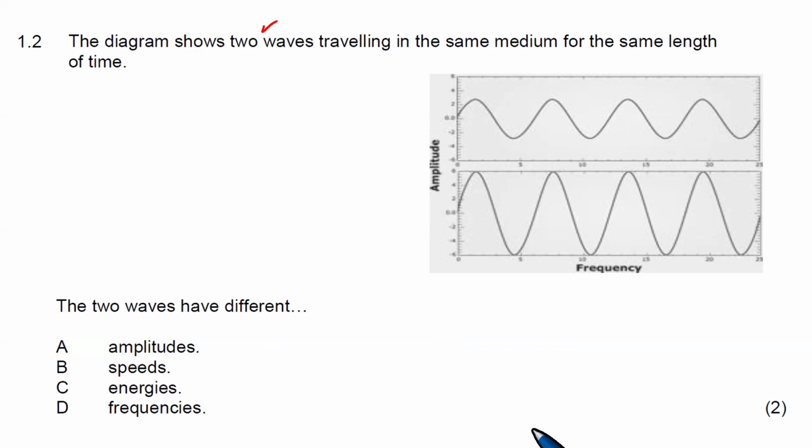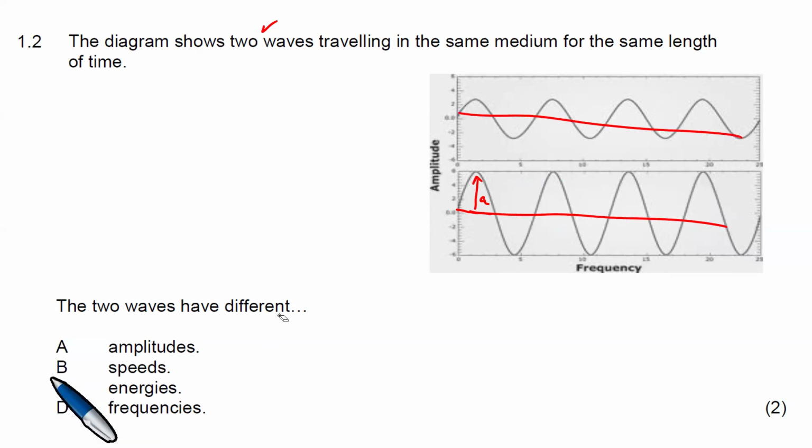Frequency. Okay, that's fine. But what we're sure of is that these 2 waves here, if you look at the distance from here to there, is the amplitude. If you look very carefully, these are not drawn to scale, but you draw a line right through these waves and go horizontally like this, each one, now, this one here has a smaller amplitude, but this one has a larger amplitude.